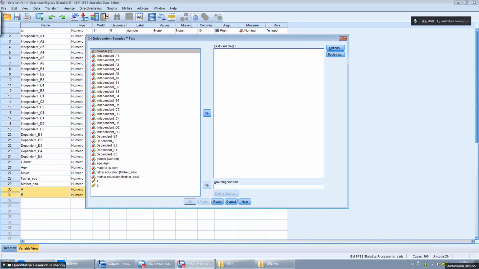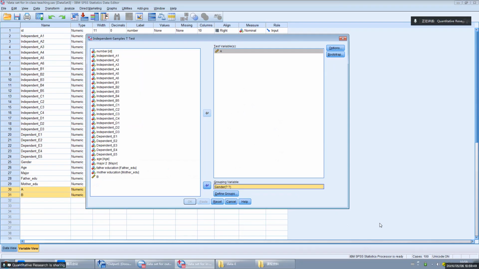A, right? So I put A in here. For the grouping variable, we put gender, the group, right in here.